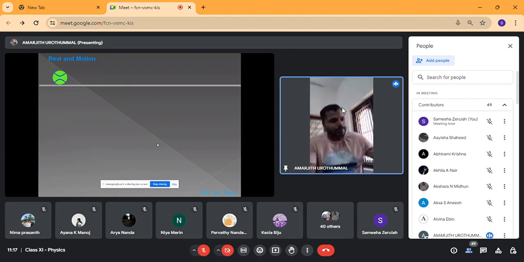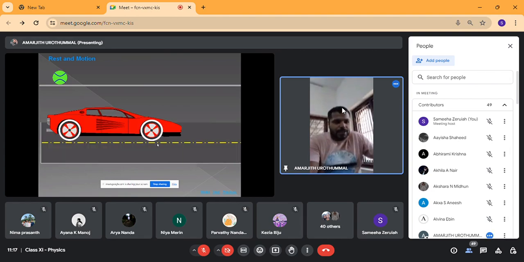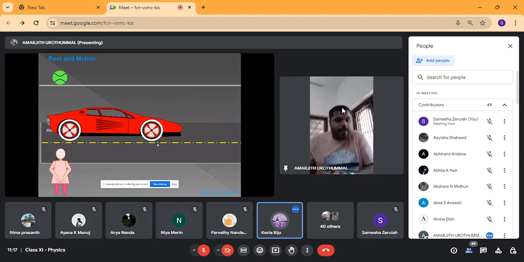See, rest and motion. This is a ball, and this is a car, and a stationary person is observing it. Now look at the screen. Is the screen visible to you? Yes, sir.